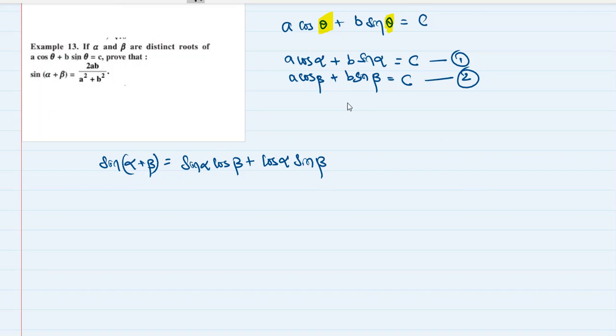Now we have sine alpha cos beta and cos alpha sin beta, and we can try to simplify them by finding their values and substituting here. But how to do that? We cannot find the value of each of them in terms of a, b, c and put it here. It will become very complicated.